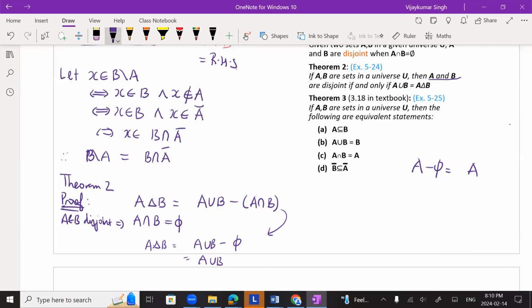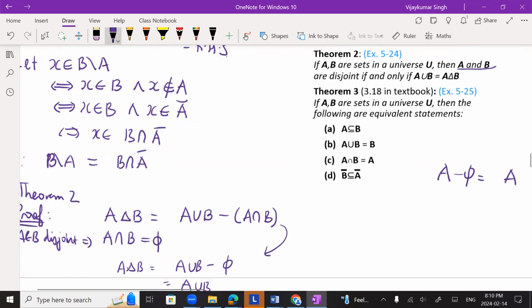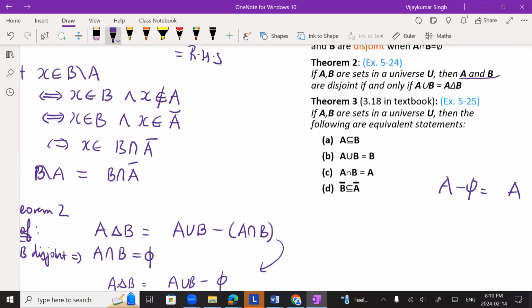Now, the following statements are equivalent. Equivalent means these are the same statements. Sometimes we have different definitions for the same thing, because there are a bunch of statements which are equivalent.